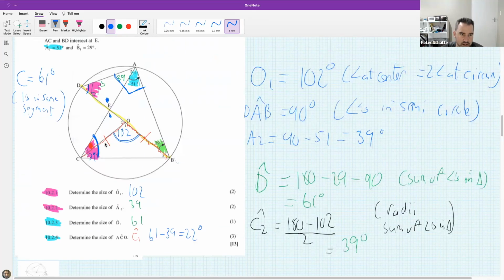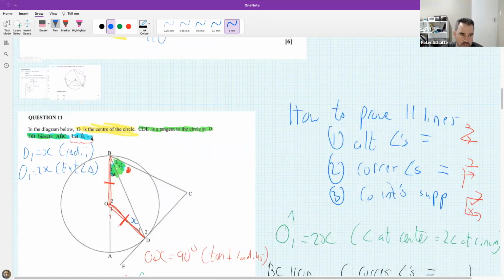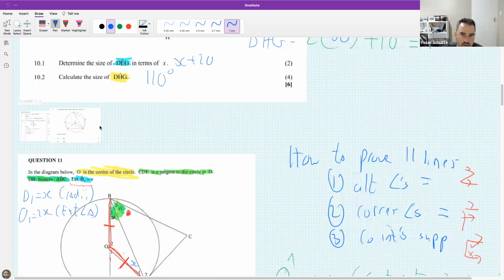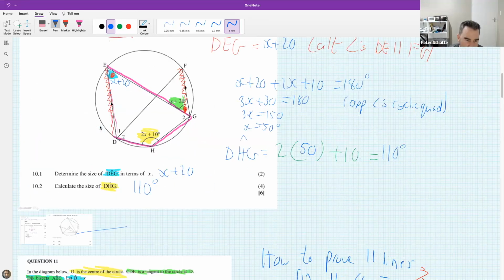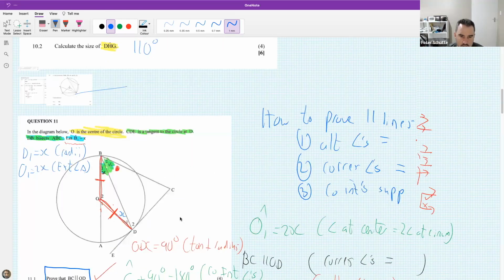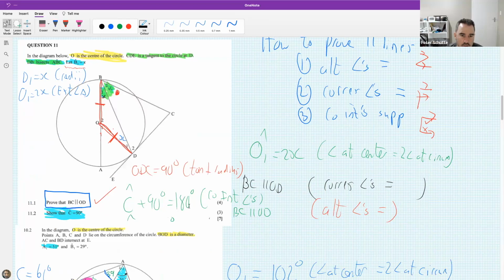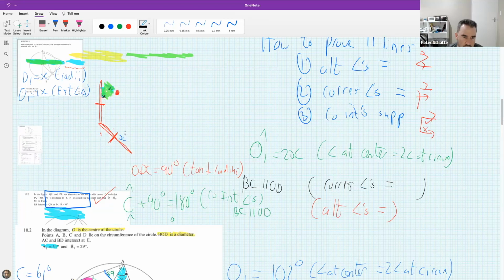So let me find the question I wanted to give you earlier. Let's do that one. Where is it hiding? Is it hiding beneath here? There we go, there it's hiding.